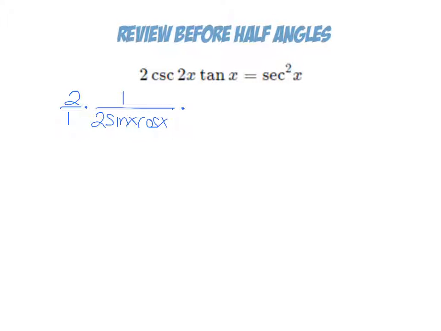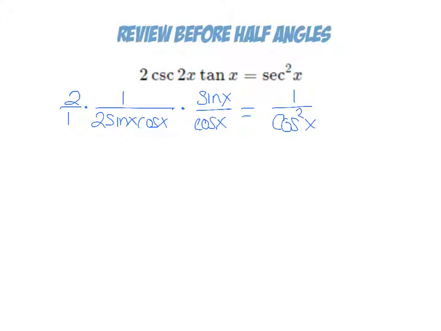And tangent x is sine x over cosine x. And somehow or the other, that's all going to equal secant squared x. And I could leave that secant squared x, but if I look over here, everything is sines and cosines. I think I would probably benefit by calling that 1 over cosine squared x.